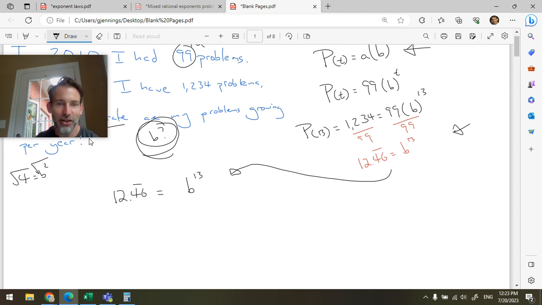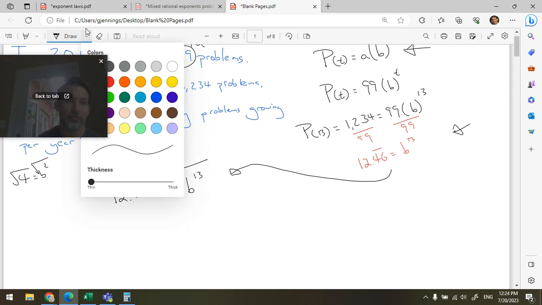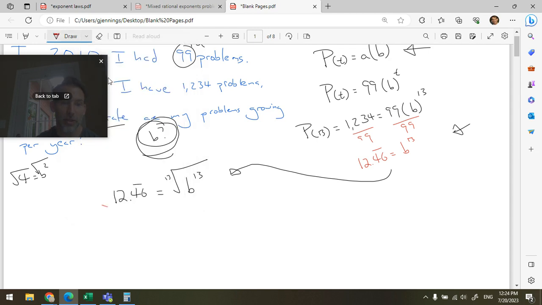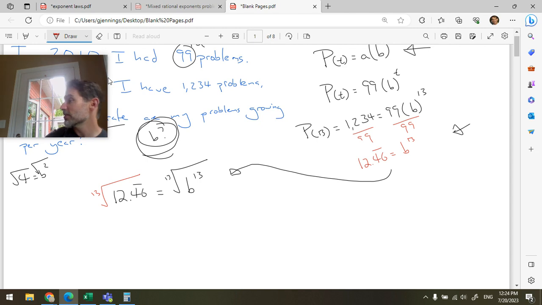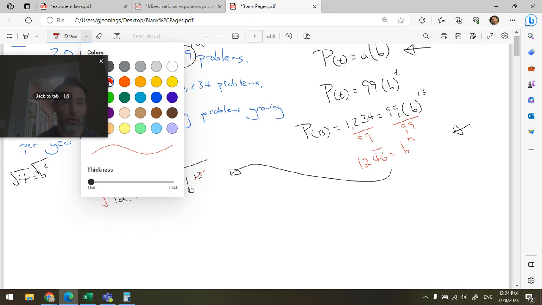Now here we don't take the square root, we take the 13th root. Oh, I wanted to do that in another color because that's an inverse operation. This is another case of funny once, not funny twice. Okay, so here we go. That effectively clears away that 13 and solves it for you for B.